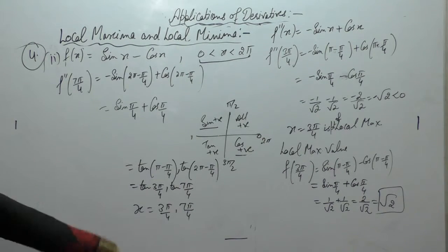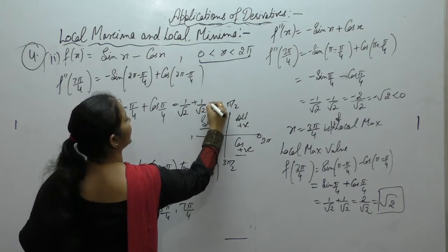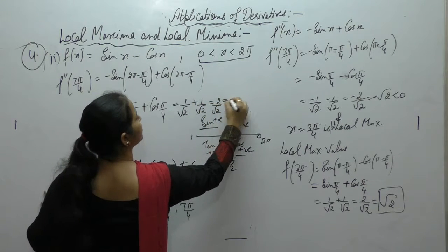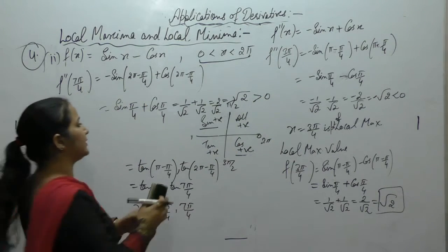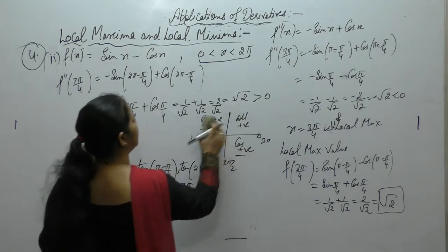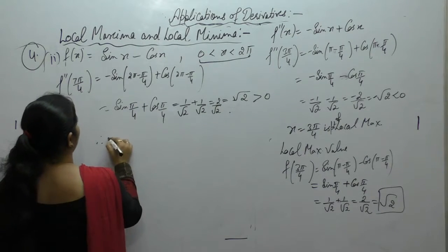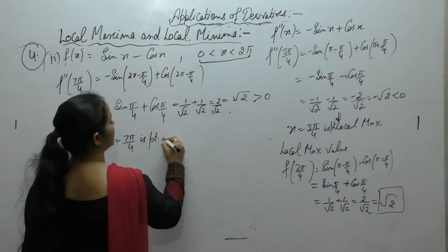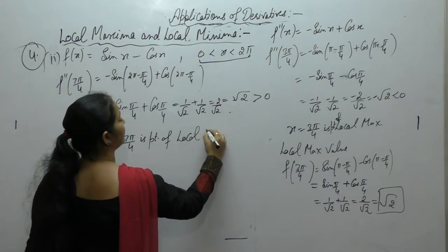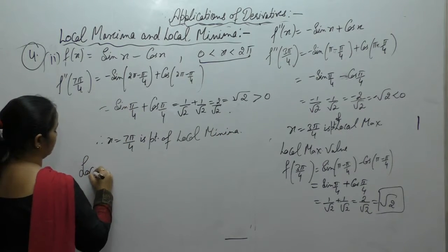Sine pi by 4 is 1 by root 2, cos pi by 4 is 1 by root 2, so 2 by root 2, that is root 2, greater than 0, therefore a point of local minima.